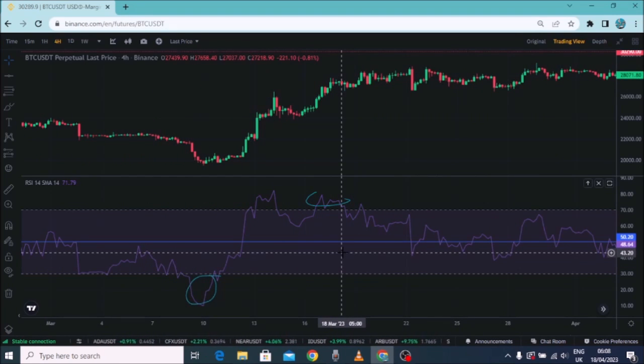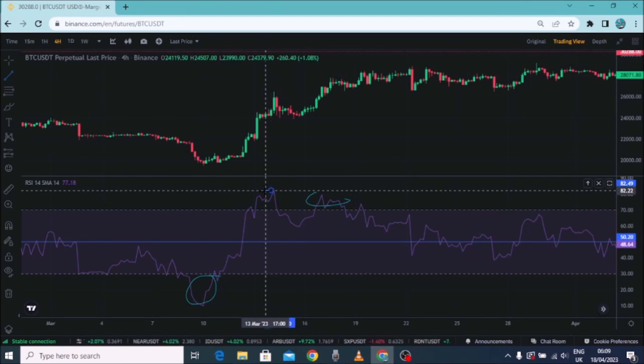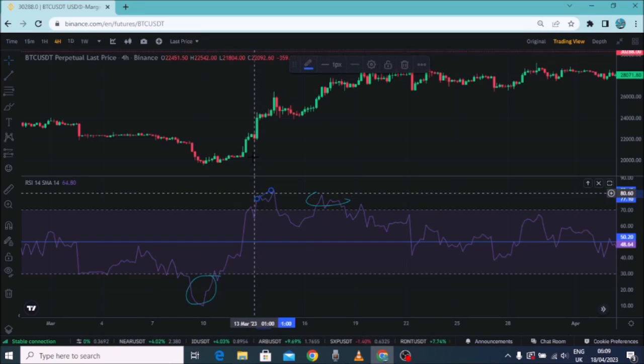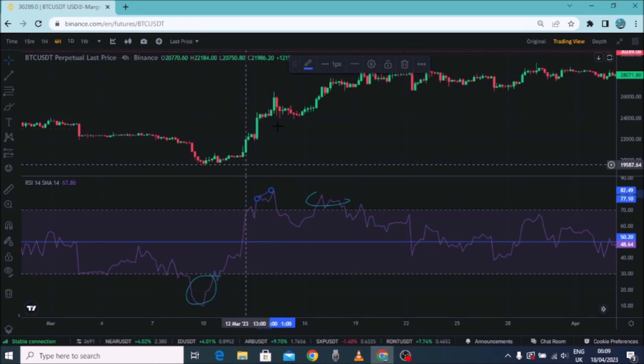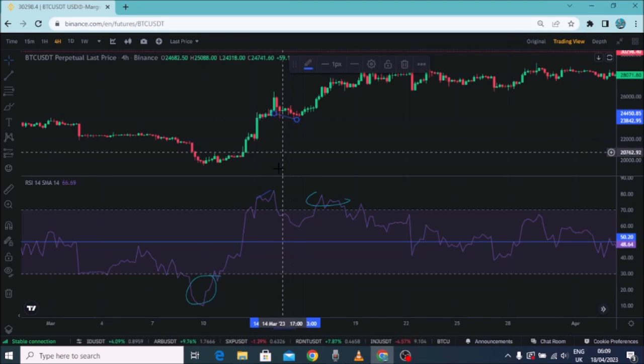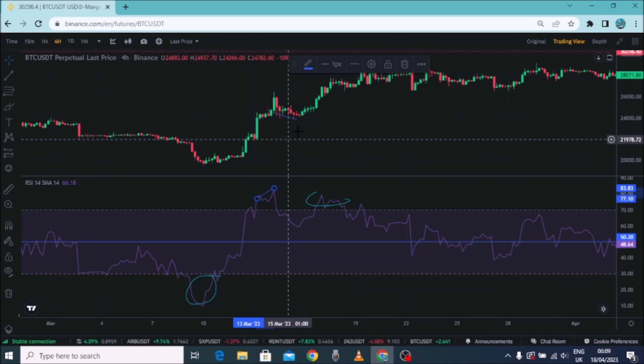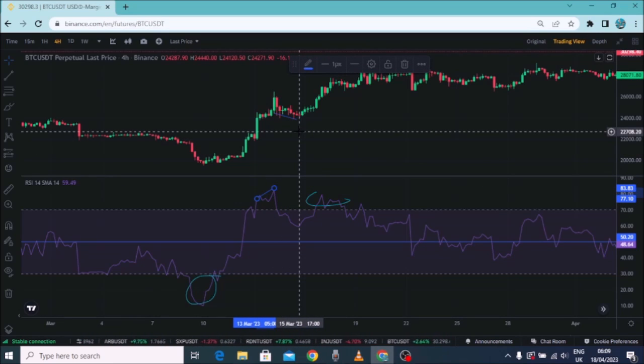Another way you can trade RSI is with bullish divergence and bearish divergence. Here there is a divergence like this. When you see this divergence, it means that it is going to be bullish.